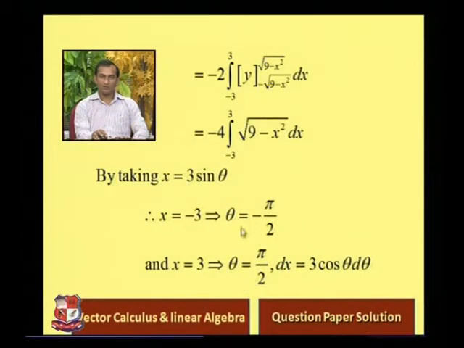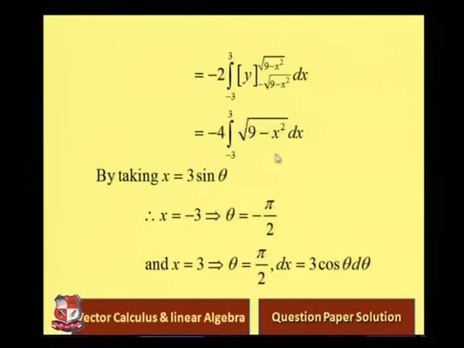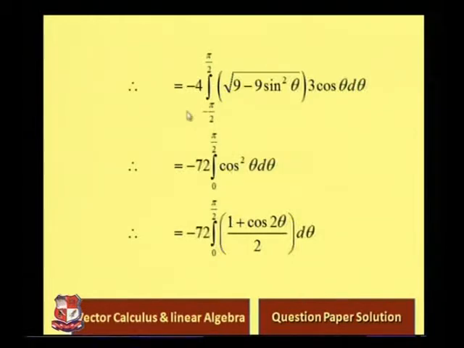That means our limit changes to minus pi by 2 to pi by 2, and dx is 3 cos theta d theta. Substitute all expressions, so we get minus 4 times the integral from minus pi by 2 to pi by 2 of square root of 9 minus 9 sin square theta, and dx is 3 cos theta d theta.